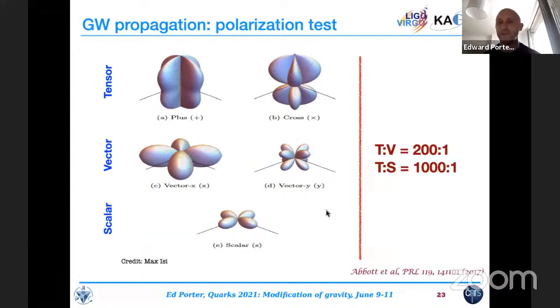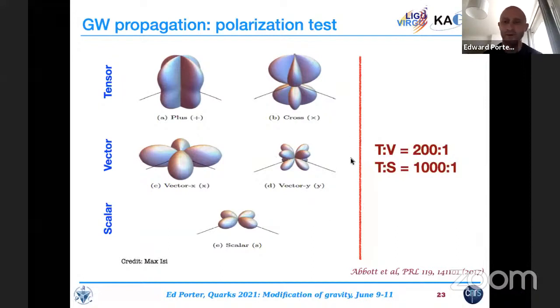At the end of the first catalog, we weren't able to do, and still aren't able to do, mixed polarization tests. The test we were able to do is to imagine the gravitational wave is purely tensorial, purely vectorial, or purely scalar, and see if there's a preference.